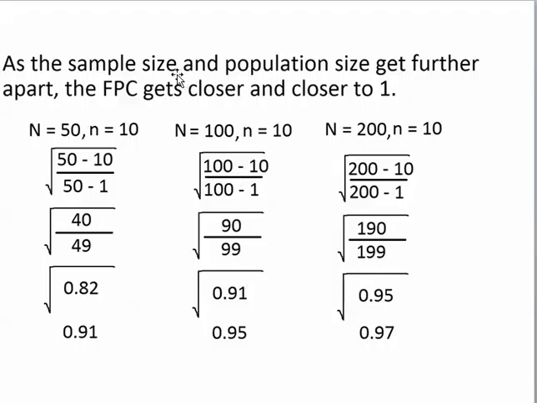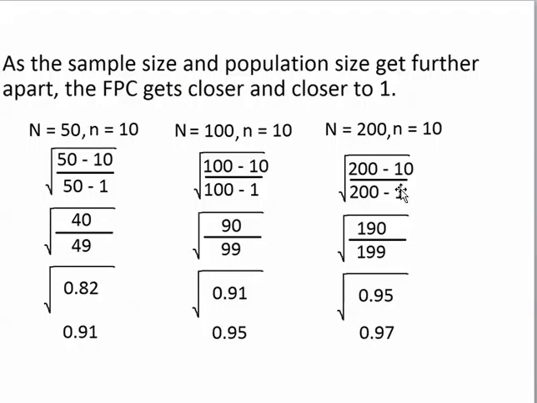The reason why is because when the population size and sample size get further apart, this part of the formula actually gets closer and closer to 1. See how when the population size keeps going up higher and higher, right here, it gets closer to 1.